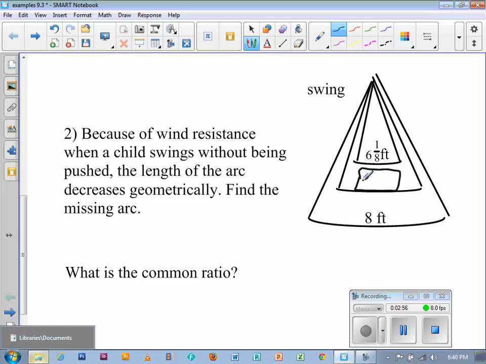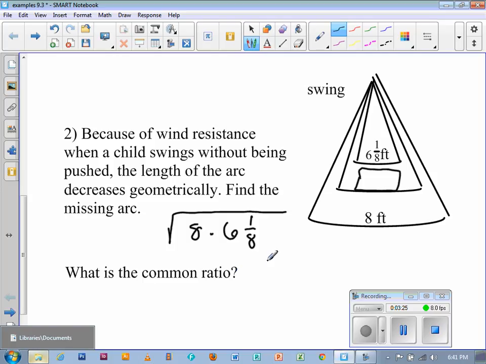What you're doing here is finding the common ratio. It's geometric. We're multiplying. If we multiply 6 and 1/8 times the value, we'll get this, and that times that will give us 8. The formula for geometric sequence would be the square root of the product of the two terms. So we take 8 times 6 and 1/8 and then square root that result.